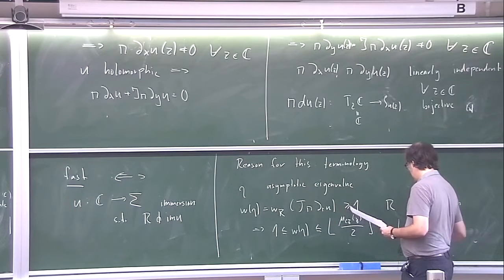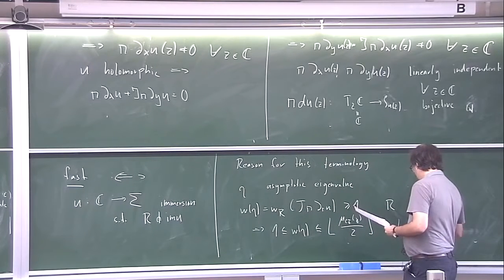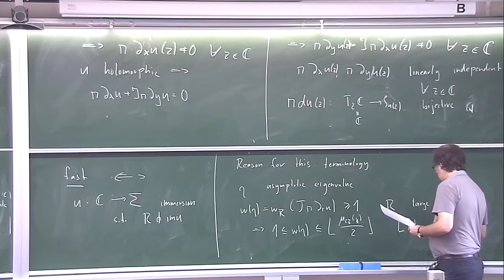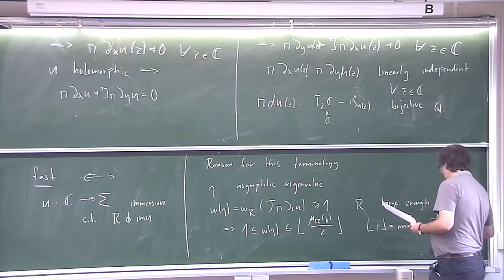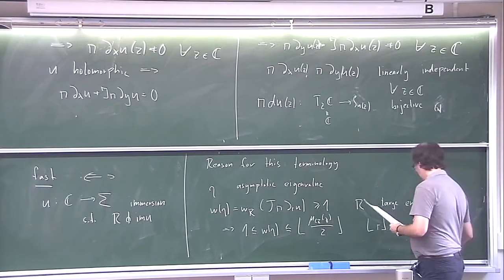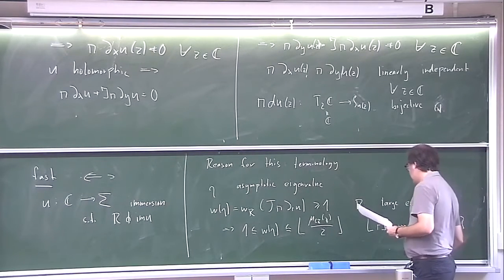So we have the floor of R, the maximum n in Z such that n is less than or equal to R, for R in the reals.